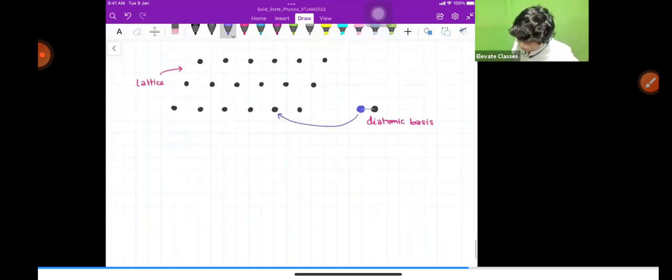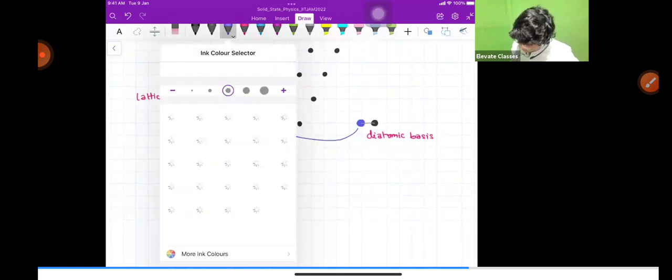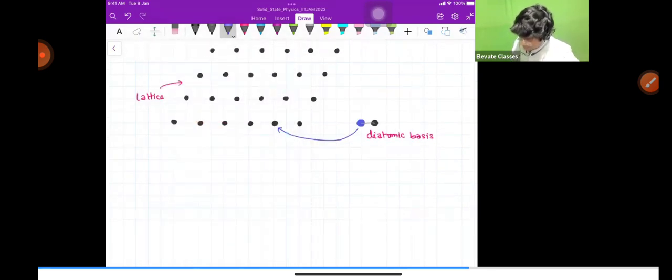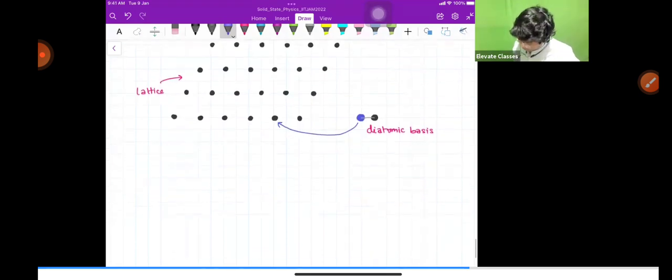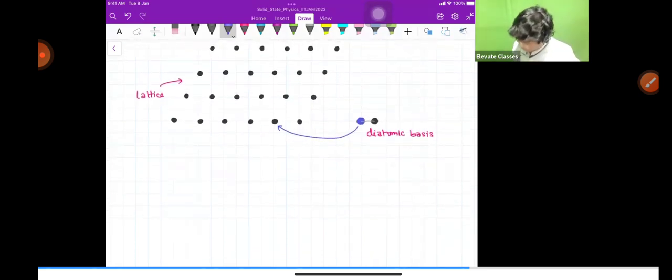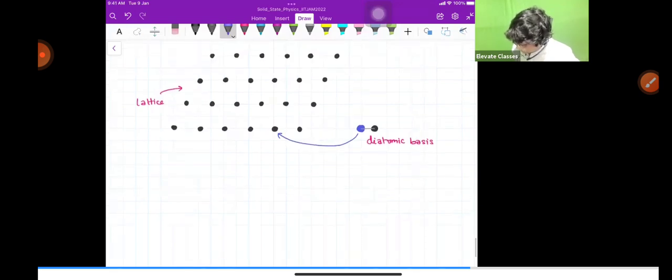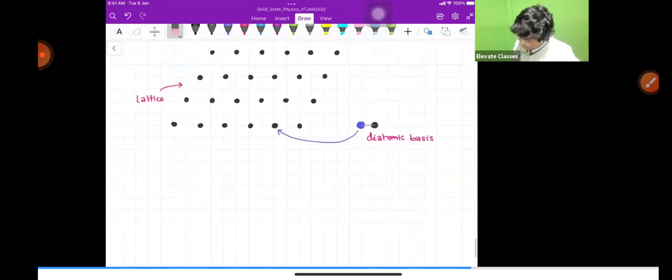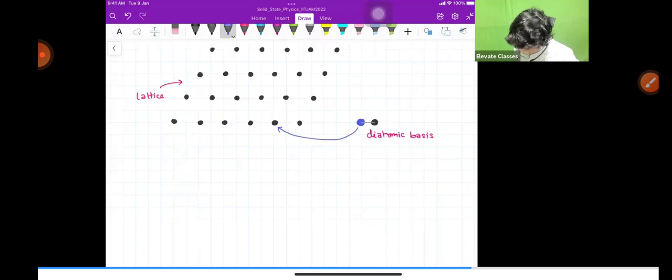So what structure will we see finally? Let's draw it. Let's say we have this structure. We place it on the points I have shown you. On these atoms the blue will be placed, on all of these. I'm placing the blue atoms on the lattice points, everywhere. Let me use a different color, maybe green, for the second atom.